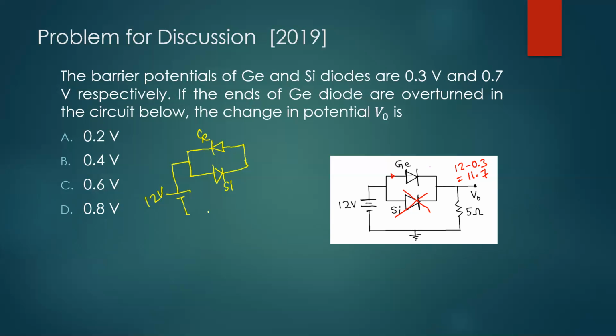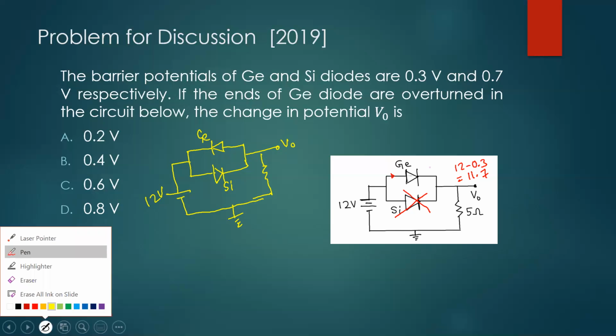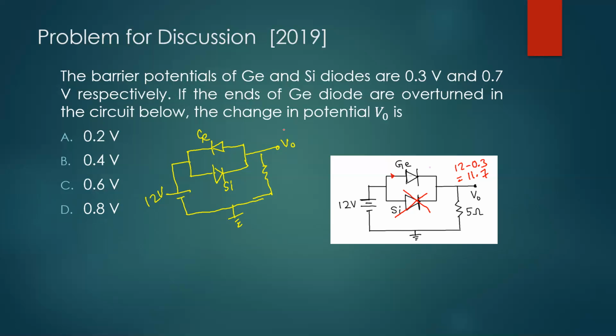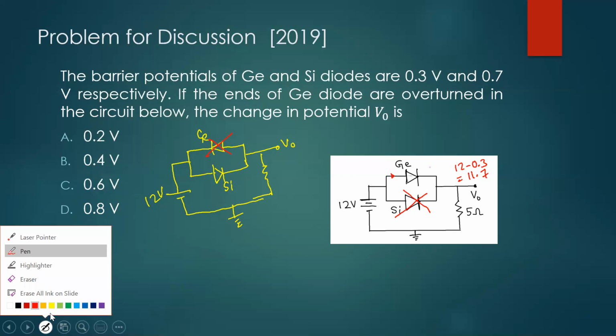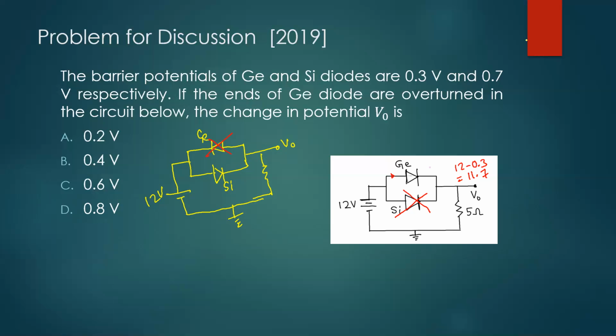The charges will not go there because that will be a path of high resistance. This is anyway grounded, so we can ignore the germanium diode now. Only the silicon diode is effective, with a barrier potential of 0.7, so this will be 11.3. So what is the difference between them? The change in the voltage is 0.4. You understand this?